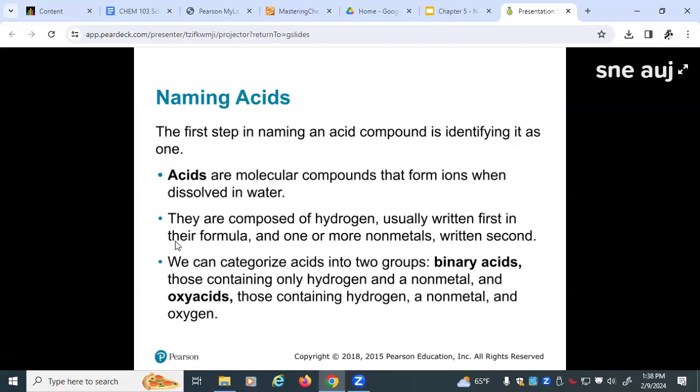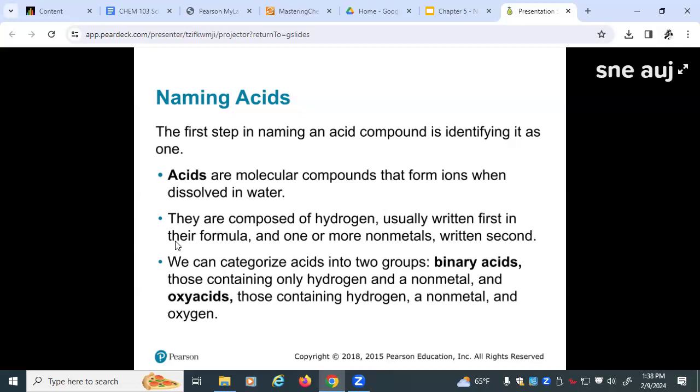Now, inside of acids, we can break it down into different groups. We can talk about binary acids, that is hydrogen with another element. We can talk about oxoacids, where we have hydrogen and a polyatomic ion.